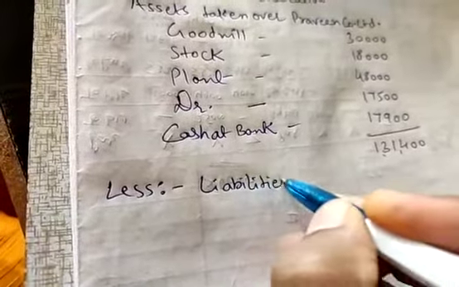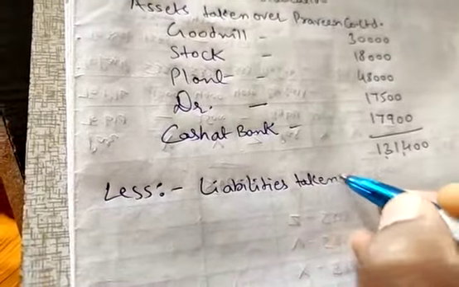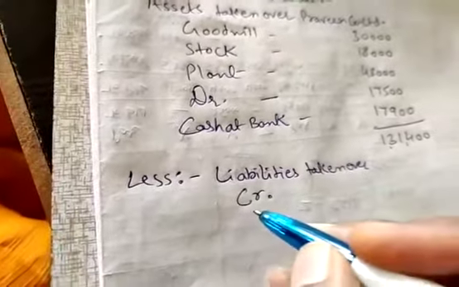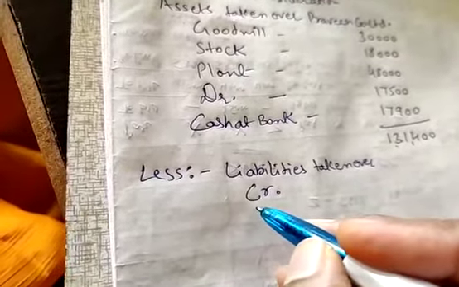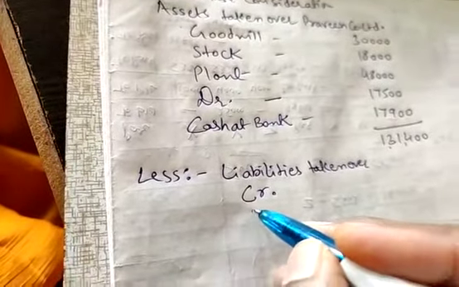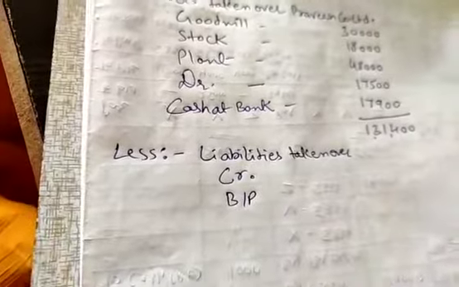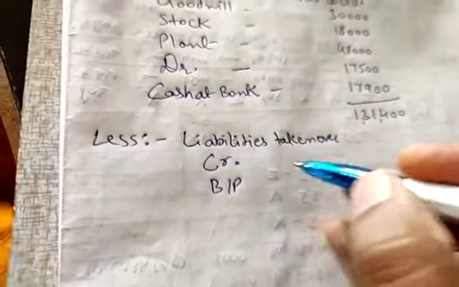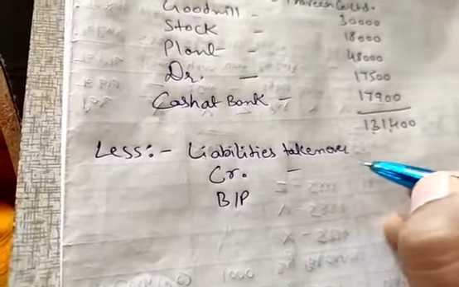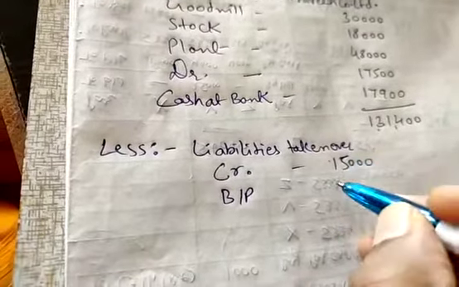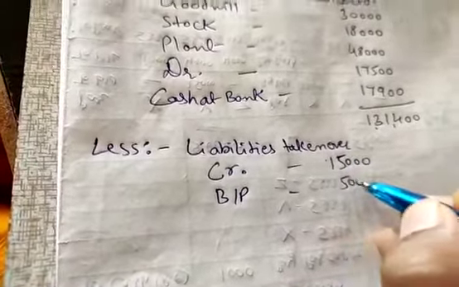liabilities taken over. Because they have sold the whole business, the entire business. So they are taking the liabilities, creditors and bills payable, and no amount is given. That means we have to assume that it is at book value. Creditors book value was 15,000 and bills payable book value was 5,000.